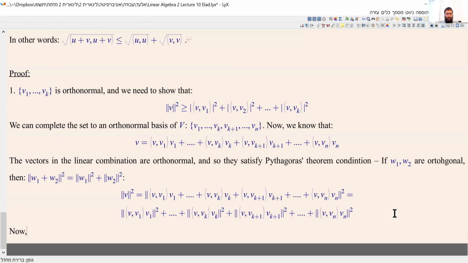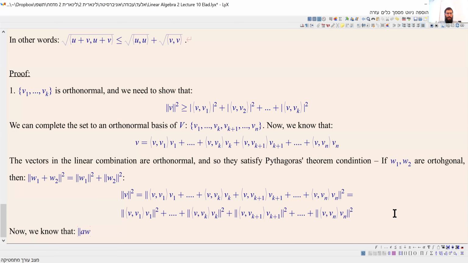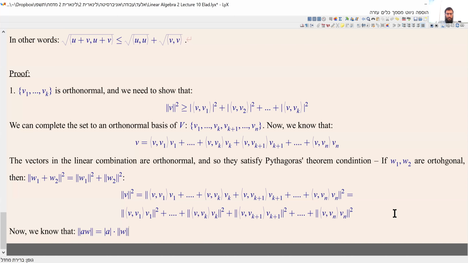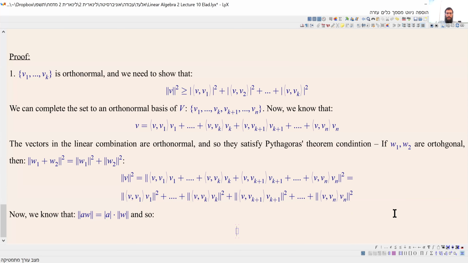We know that the norm of A times W is the absolute value of A multiplied by the norm of W. It is easy to prove using the explicit way of writing down the induced norm as the inner product of a vector with itself. So we can take out the inner product of V with V1 in an absolute value.